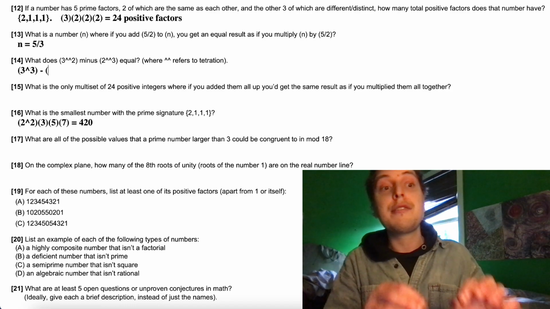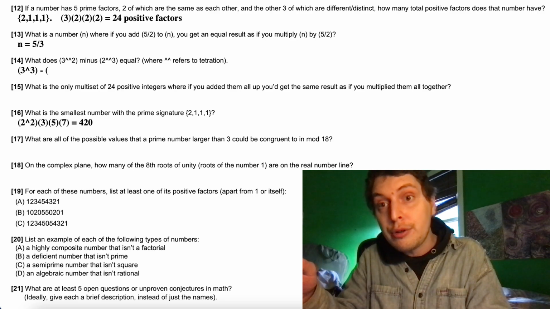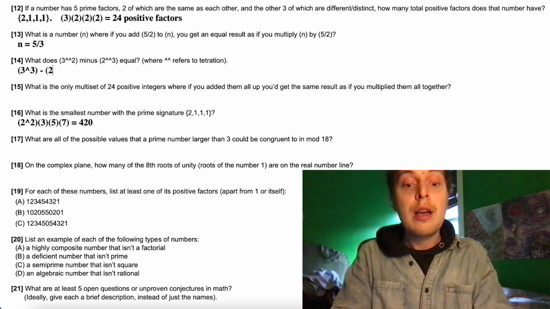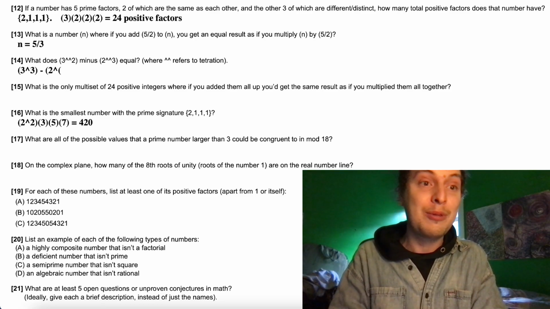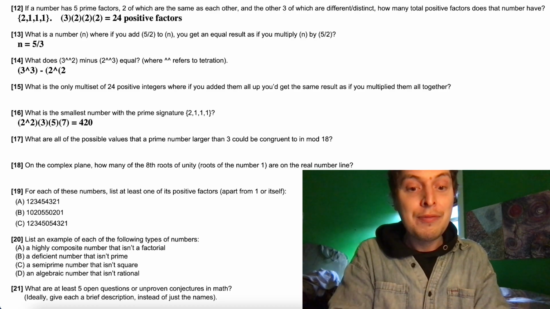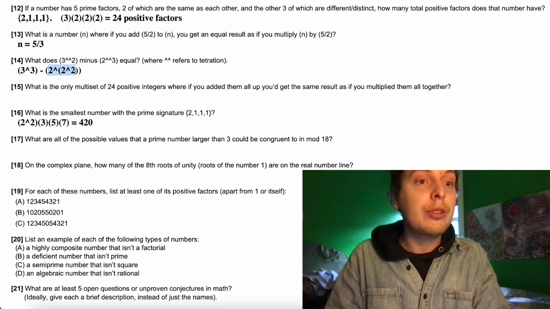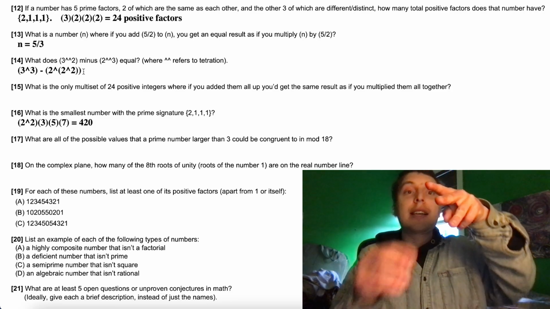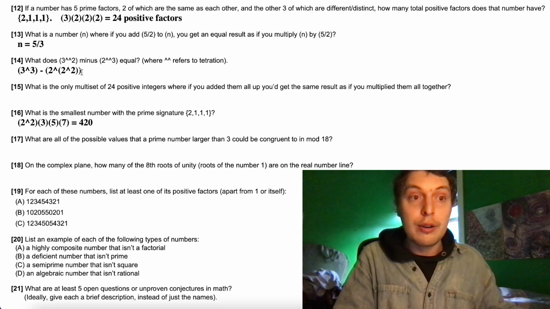Now, 2 tetrated 3 is going to be 2 to the power of 2 to the power of 2, which we're going to have to write, if I'm not writing it in the stack, which this text document doesn't allow for format-wise, as that. I'll put parentheses to be sure people know, because when we see it as a stack of exponents, the convention is to read it from top downward.